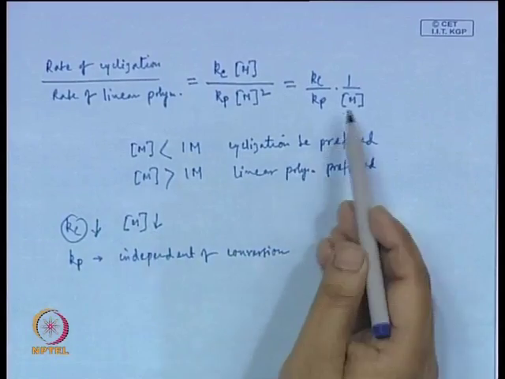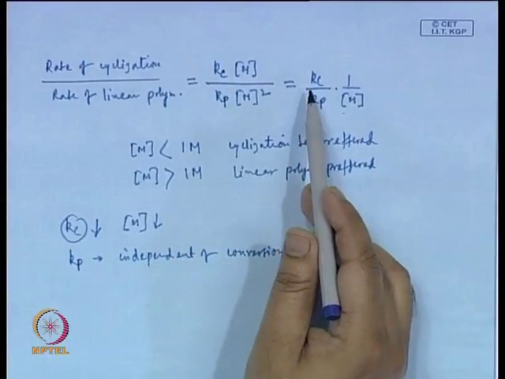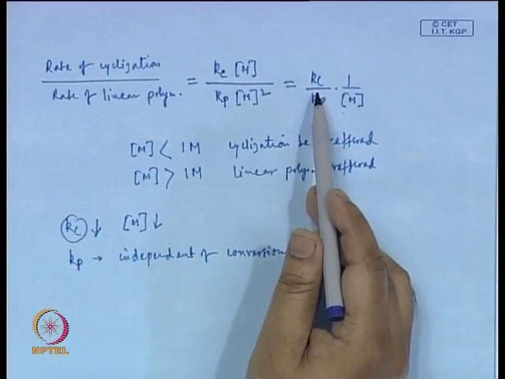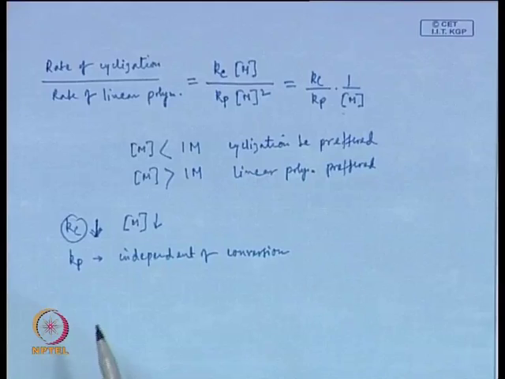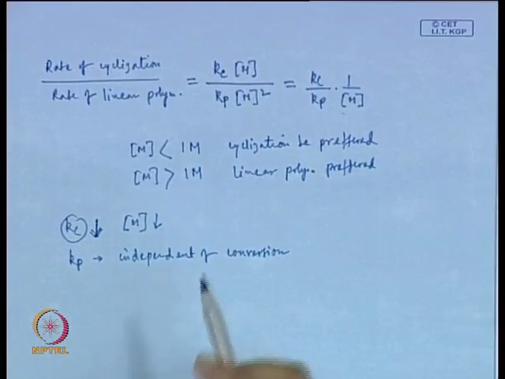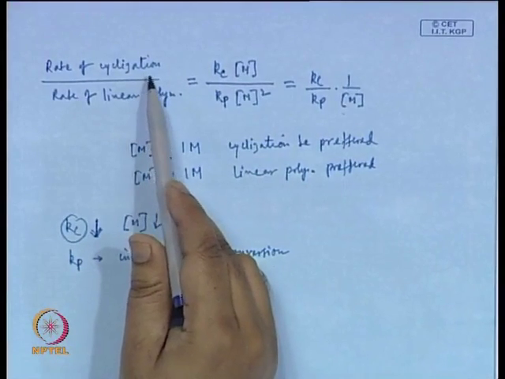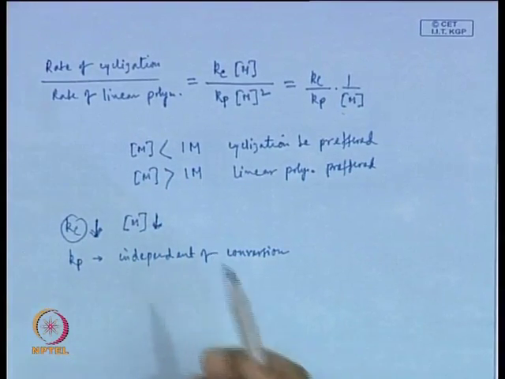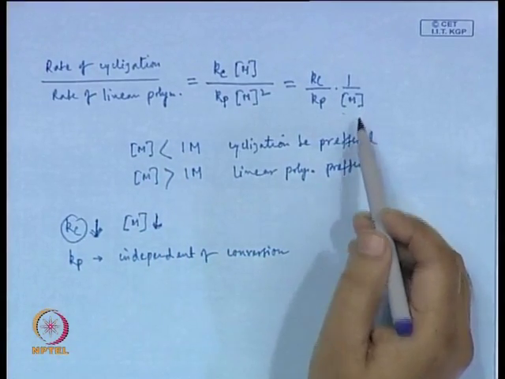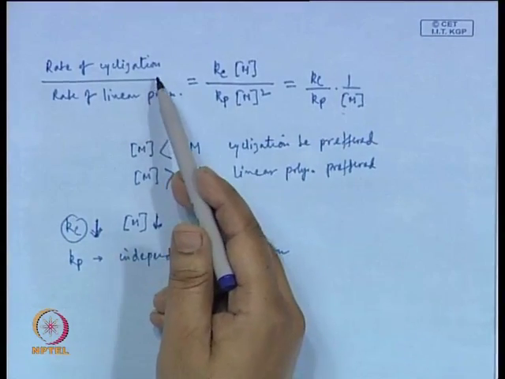Then the rate of cyclization should also increase in that process. So, if Kc comes down with conversion, the cyclization should come down, whereas this is acting in the opposite direction. As the concentration of monomers comes down, the rate of cyclization will go up.